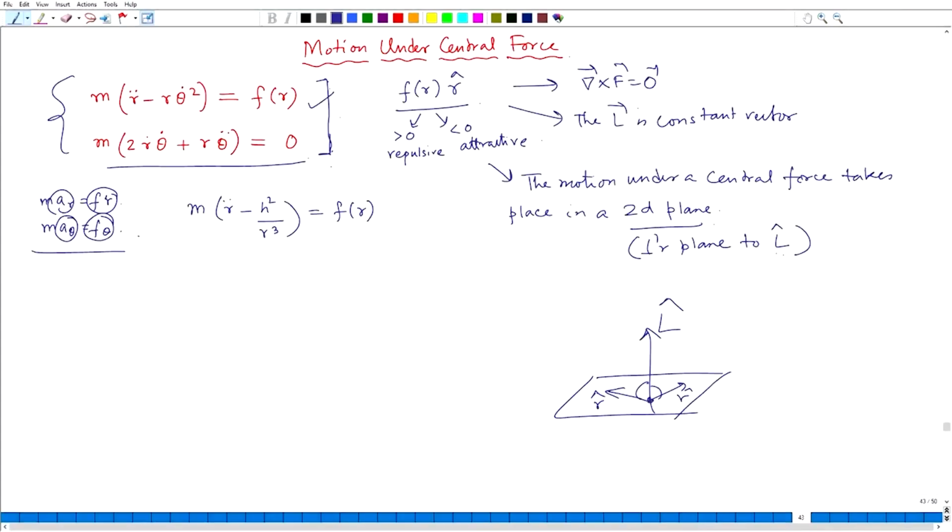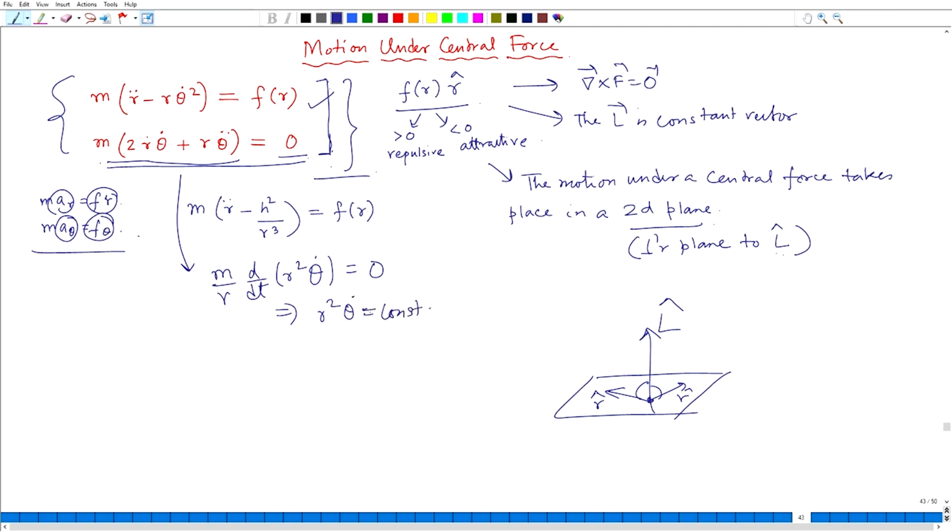And if this is the case, then you do not have these two equations to be true like this. Please remember that whenever this second equation is 0, then only you can write it as m by r d/dt of r square theta dot is equal to 0, and from that r square theta dot equal to constant.